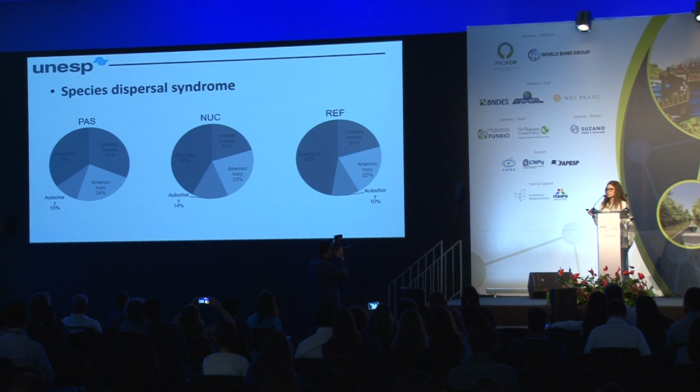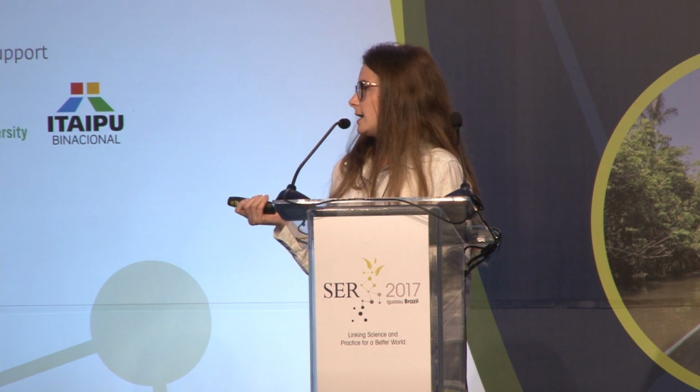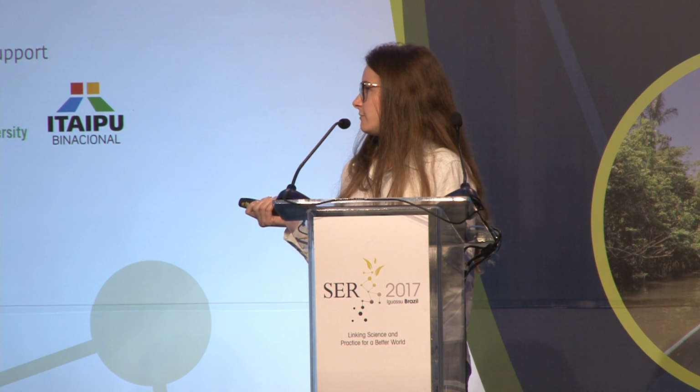We also classified all the species by dispersal syndrome, and we could find a pattern that was the same in all the treatments. So all the treatments had most of their species as zoochoric, then anemochory, followed by autochory.